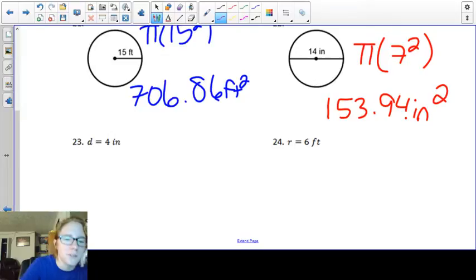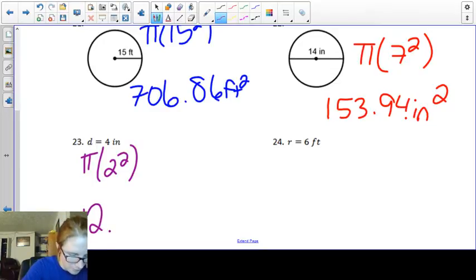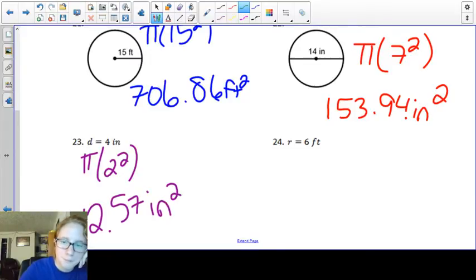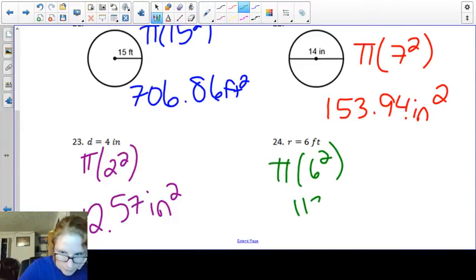If my diameter is 4, my radius is 2, so I have pi times 2 squared, which gives me 12.57 inches squared. And in this one, I have pi times 6 squared, which gives me 113.10 feet squared.